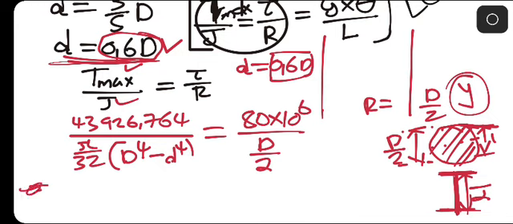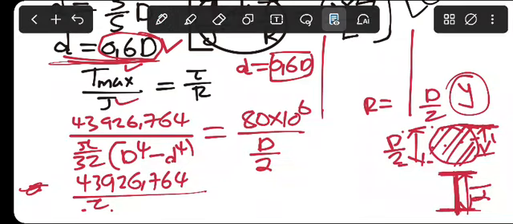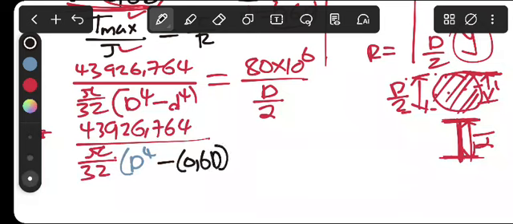On the top I'm still having 43926,764 divided by pi over 32 into d raised to the power 4, then minus, where I see d, I replace that with 0.6d raised to the power 4, like that.